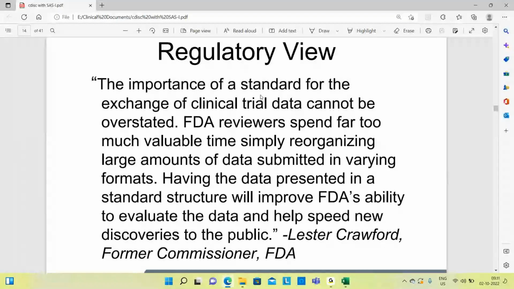If everyone is following standards, it will be easy for the FDA to review your data and quickly give approval to your trial. It will be easy for the reviewer to quickly look at your data and give approval for your trial. Right.